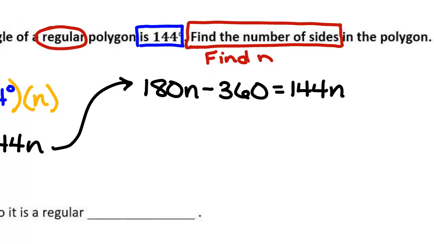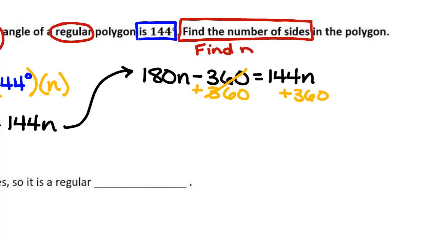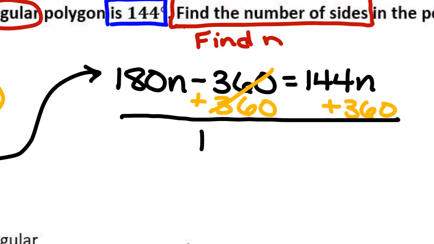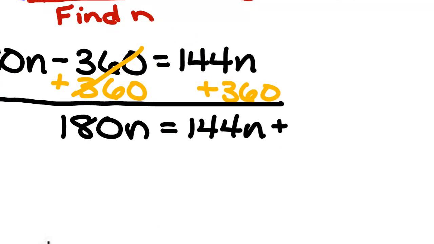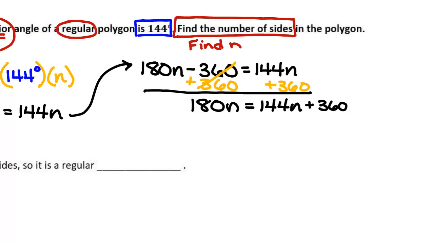I can add 360 to both sides. Will that combine with my 144n? No, it doesn't have an n. So I have 180n equals 144n plus 360. So by adding 360 to both sides, we made the 360 positive now.